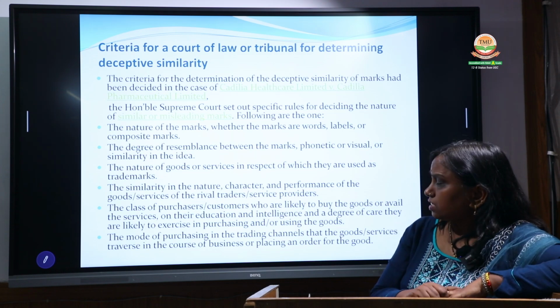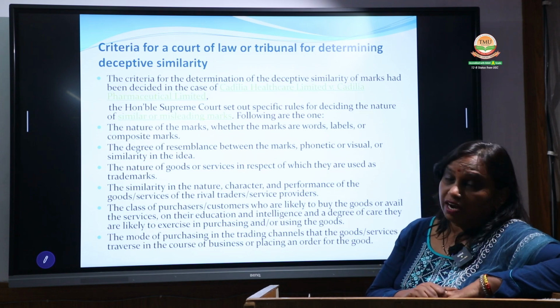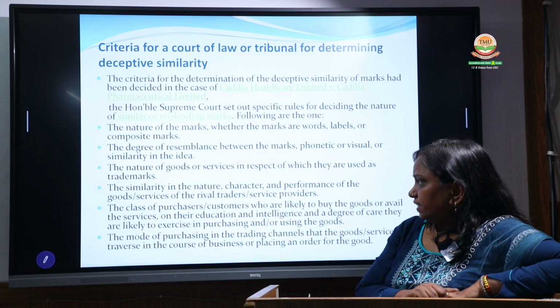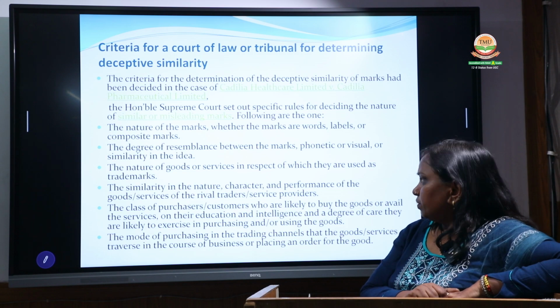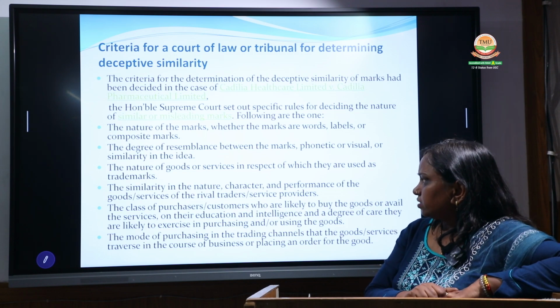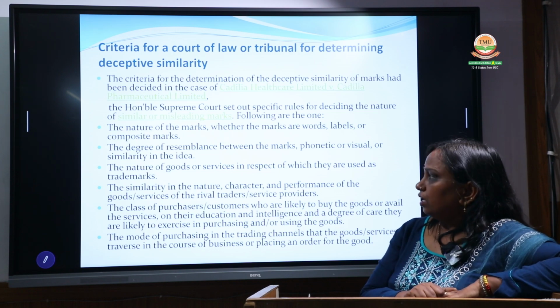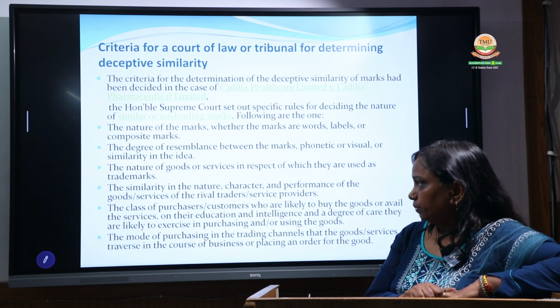The nature of the goods and services in respect of which they are used as trademarks. The similarity in nature, character and performance of the goods and services of a rival trader, service provider. So this has to be also taken into account by the Supreme Court.